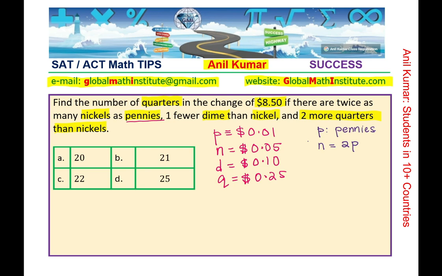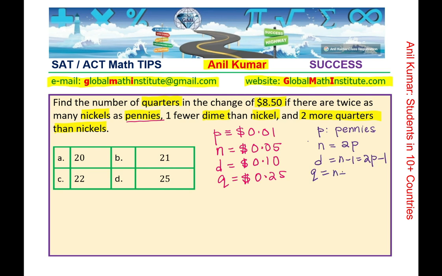One fewer dime than nickel. So dimes are how many? One fewer than nickel means n minus 1, or you can say 2p minus 1. Two more quarters than nickels, so nickels plus 2. So it'll be 2p plus 2. Makes sense, right? Those are the number of quarters in terms of nickels.